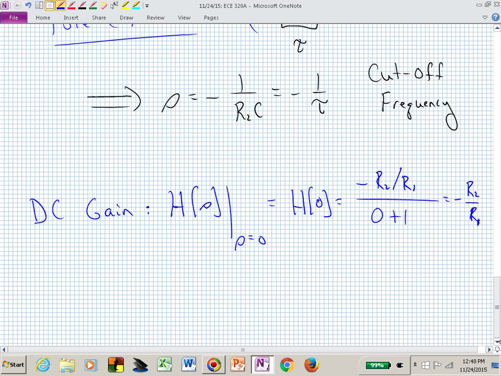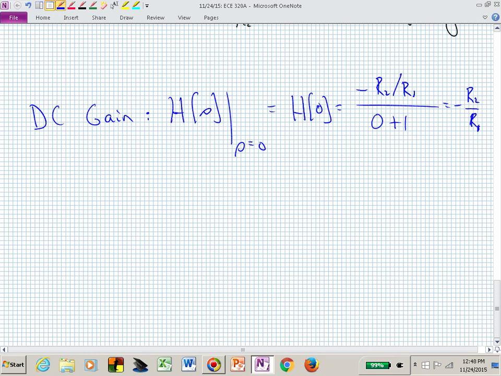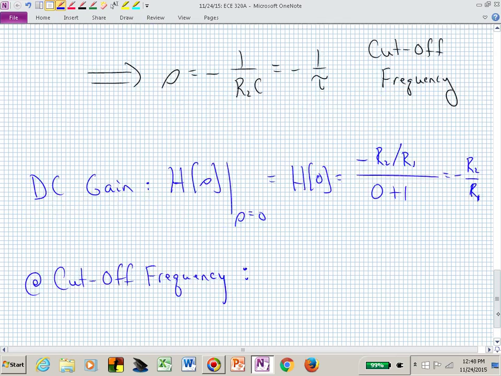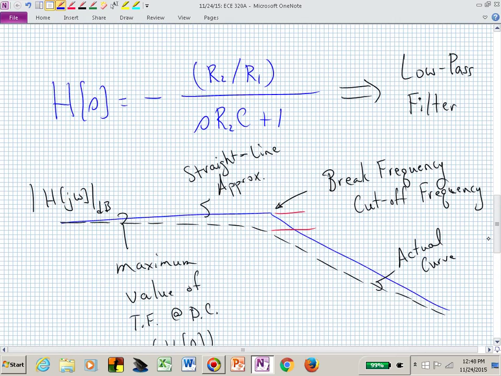What's the magnitude of this transfer function at the cutoff frequency? That's what we're interested in right now, is this particular point right there. That's what we will compute.